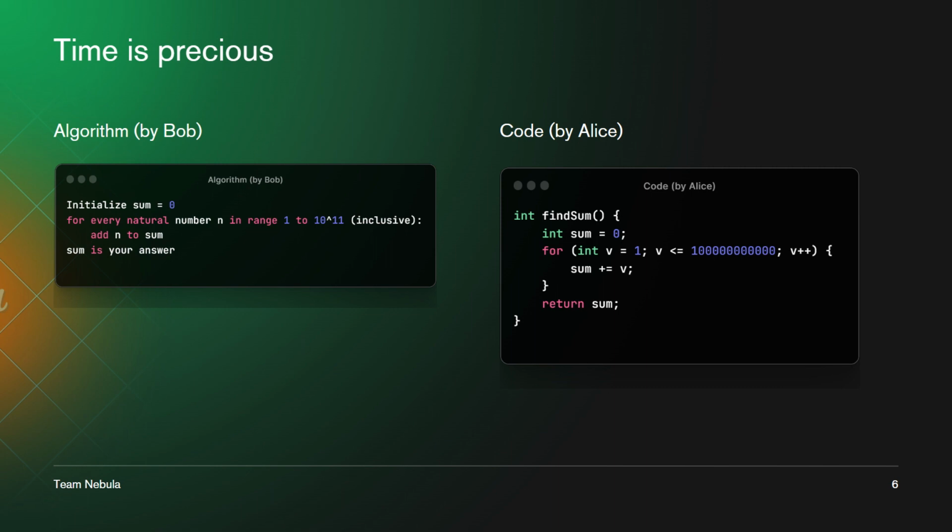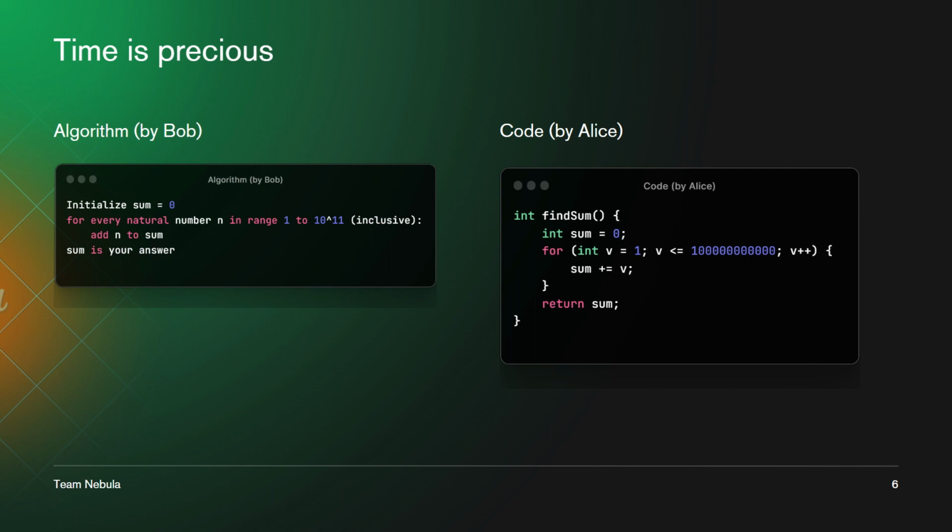In each iteration, the value of n is added to the current value of sum. After completing the loop, the variable sum holds the sum of all natural numbers from 1 to 10 raised to the power of 11. On the other hand, Alice implements the corresponding C++ code.